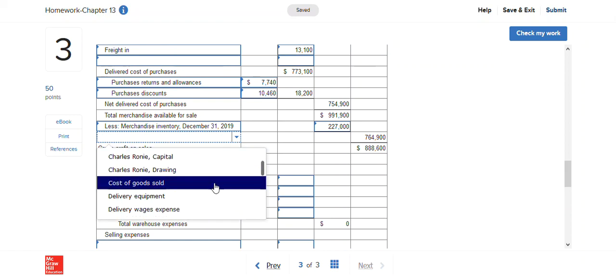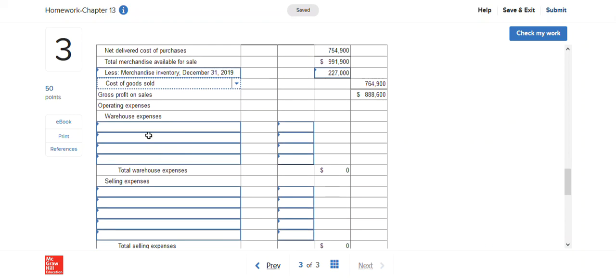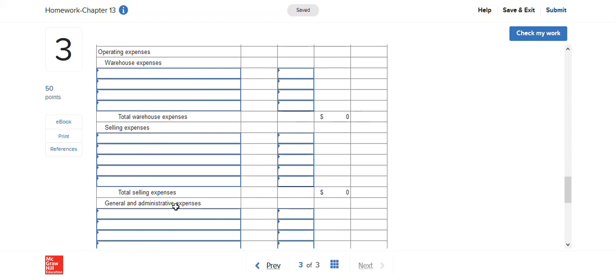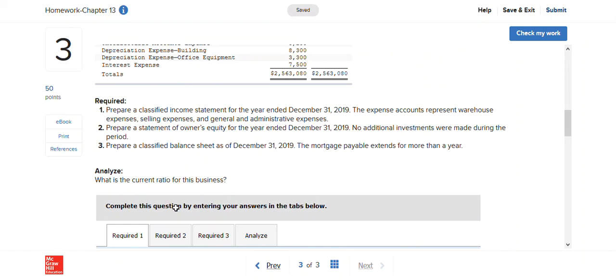See, there we go. So there's our cost of goods sold and it added that for us. It put the gross profit in there. So then we've got our operating expenses, and they are broken out into warehouse expenses, selling expenses, and general administrative expenses. And I believe they're kind of in order up here.